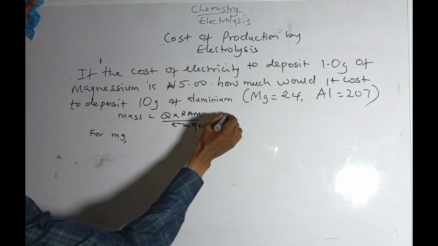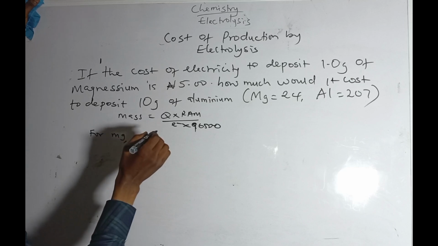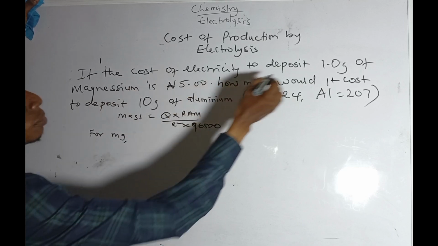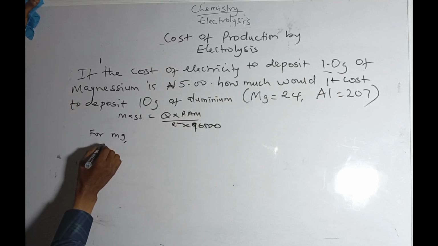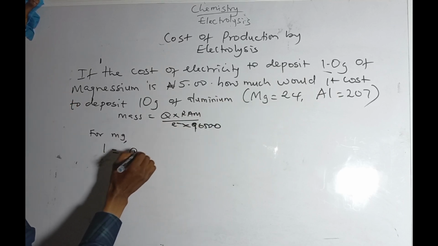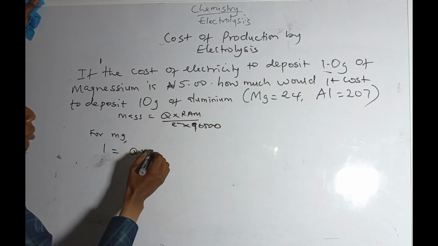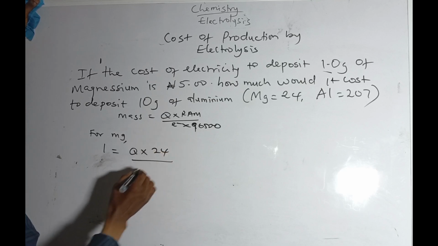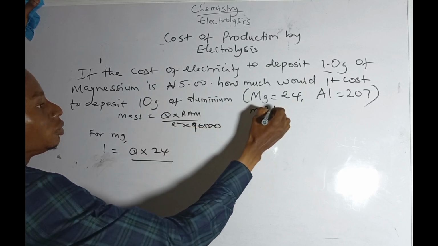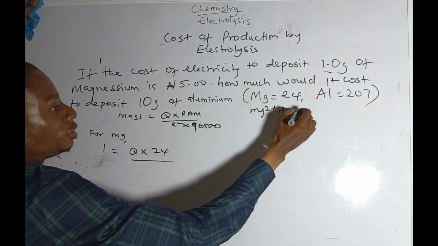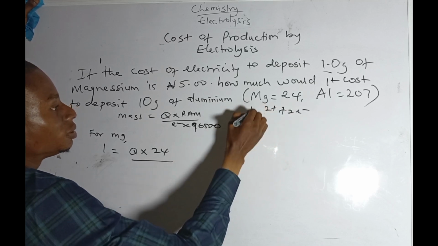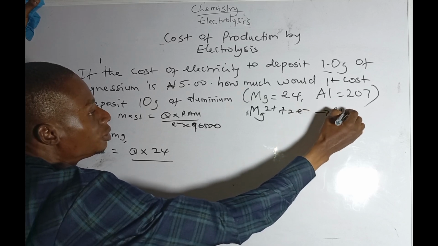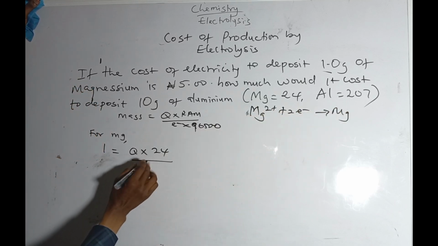It is 1. So 1 is equal to Q times what is the RAM of magnesium? 24. The electron change for magnesium is Mg2 plus plus 2e minus gives Mg. So there is 2. So 2 times.